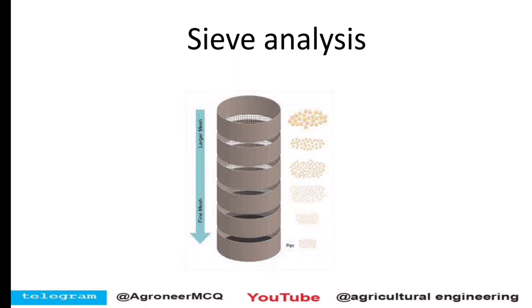The sieve with maximum size, meaning maximum area, is placed at the top and the pan is placed at the bottom. The particles with higher diameter will be retained in the first sieve, and the particles with the lowest size are collected in the pan.